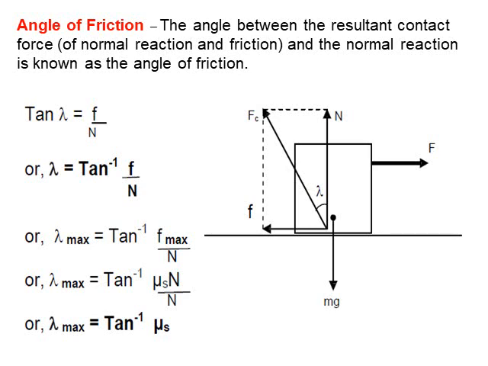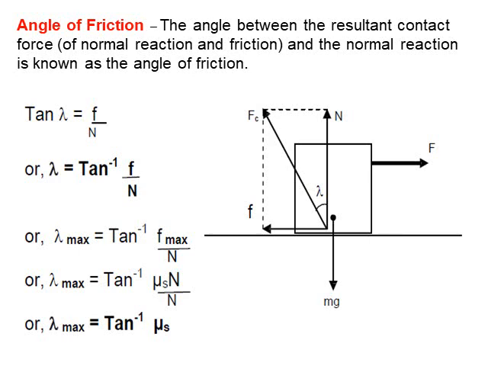lambda is the angle made by the normal reaction and the resultant of frictional force and normal reaction. From the triangle, tangent lambda will be equal to small f, the frictional force, upon the normal reaction. But you know that F max divided by N is mu s.